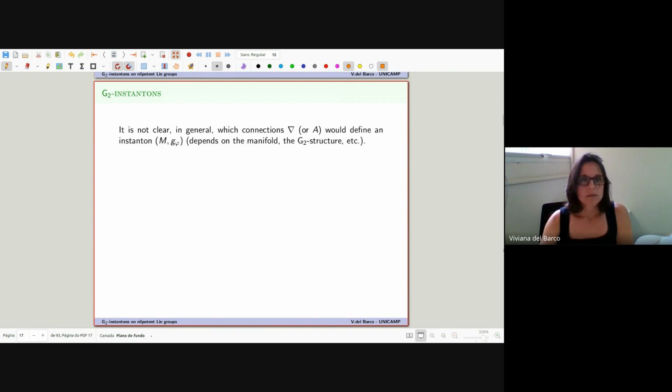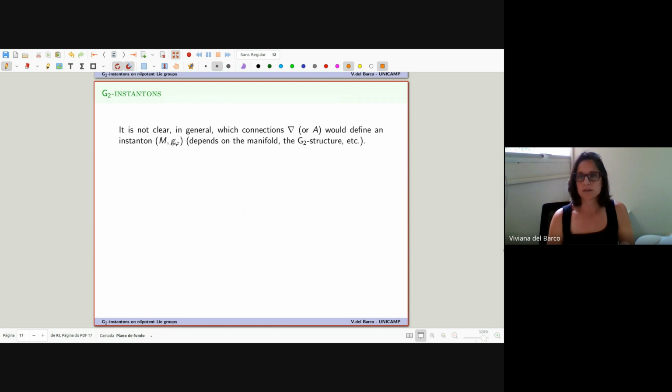Let me see where I'm going. It is not clear in general, of course, if you have a manifold with a G2 structure, which connections nabla or A could define an instanton on your manifold with a G2 structure. That depends on the manifold, and depends also on the G2 structure.